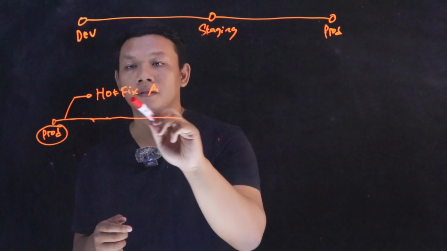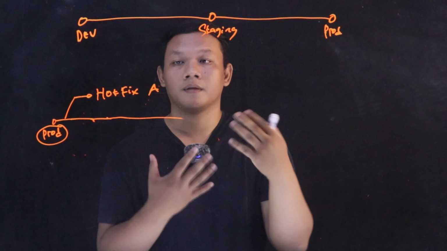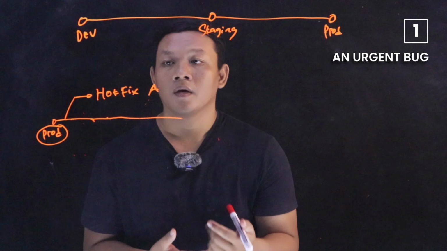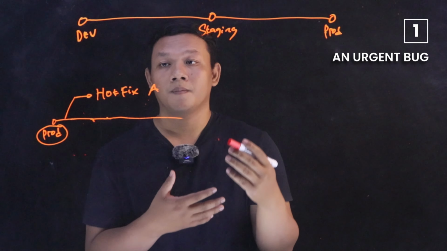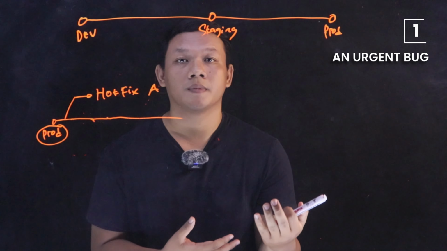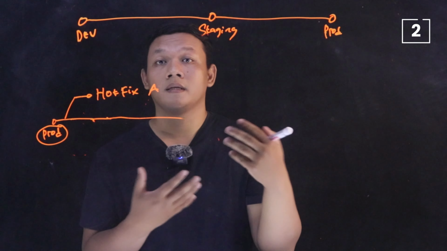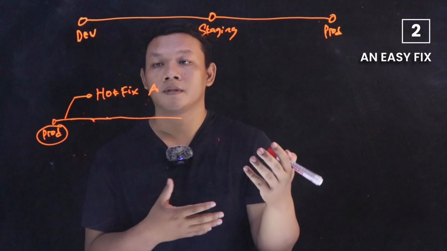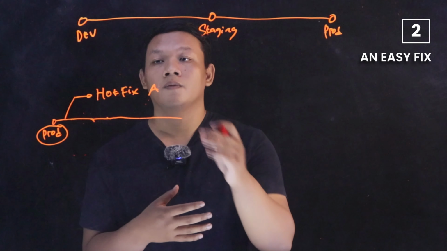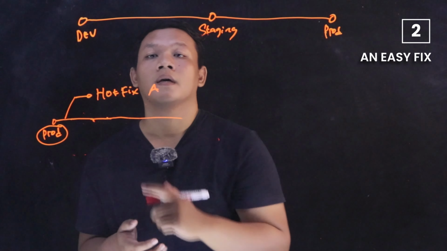But with hotfix, there are two categories that we could do. First one is what we call an urgent bug, meaning that this specific bug needs to be fixed immediately in production as soon as possible. Second one is easy fix. So if we found a bug on production and it's easy to fix, we also include that inside hotfix.